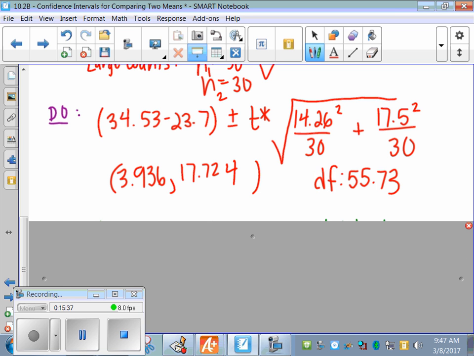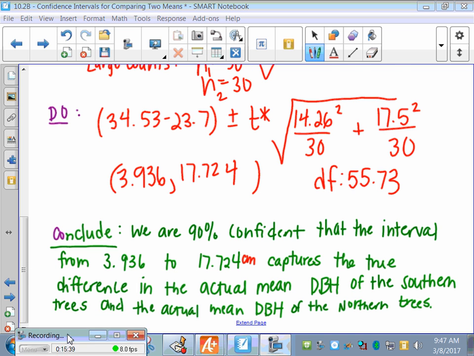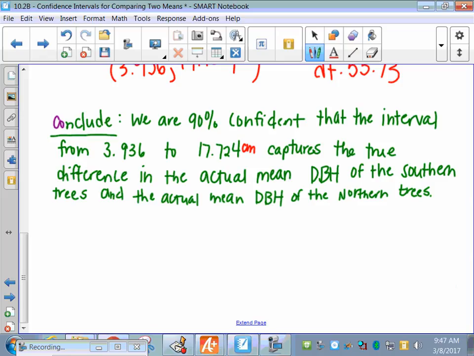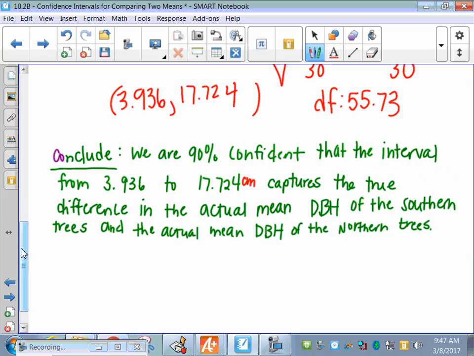And so then we conclude, of course, our confidence interval, that you guys should have pretty much memorized. We are 90% confident that the interval from 3.936 to 17 point whatever centimeters. Don't forget units. A whole lot of people forget units, and you maybe lost a point on that last confidence interval test for that. When you're doing means, you've always got units.